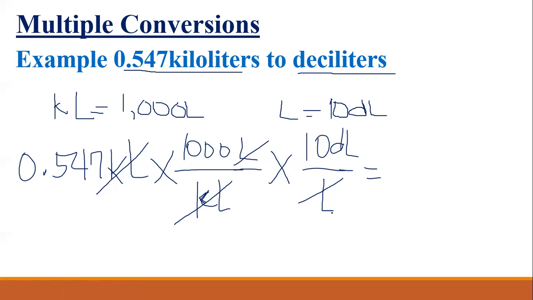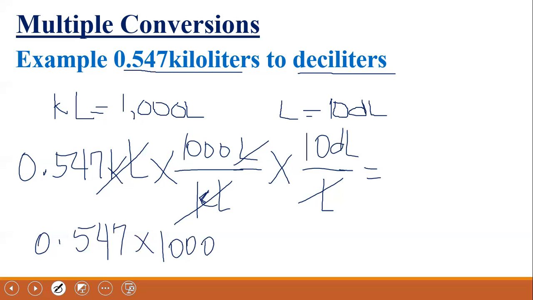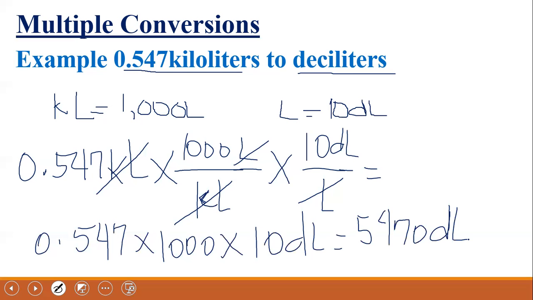So, in our case, this is now equivalent to, sulat natin para mas klaro, 0.547 times 1,000 times 10 deciliters. And this is equivalent to 5,470 deciliters. Okay.